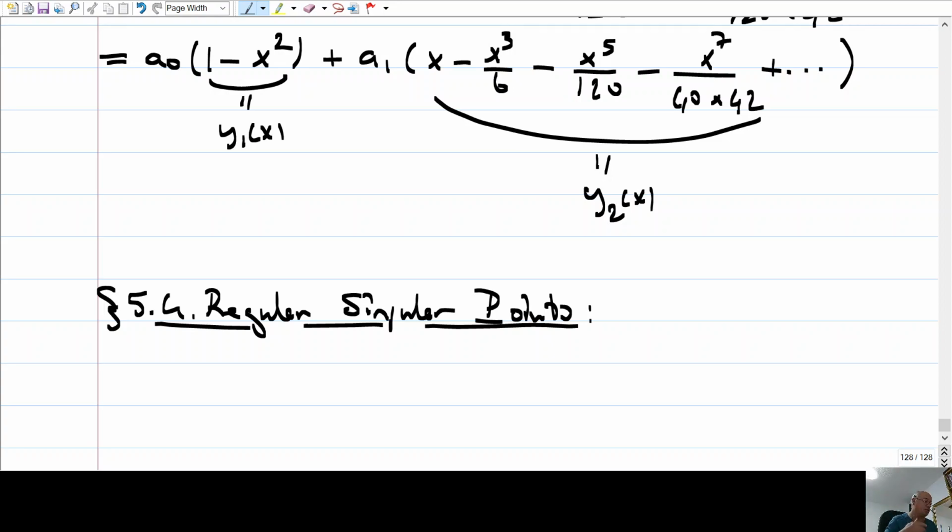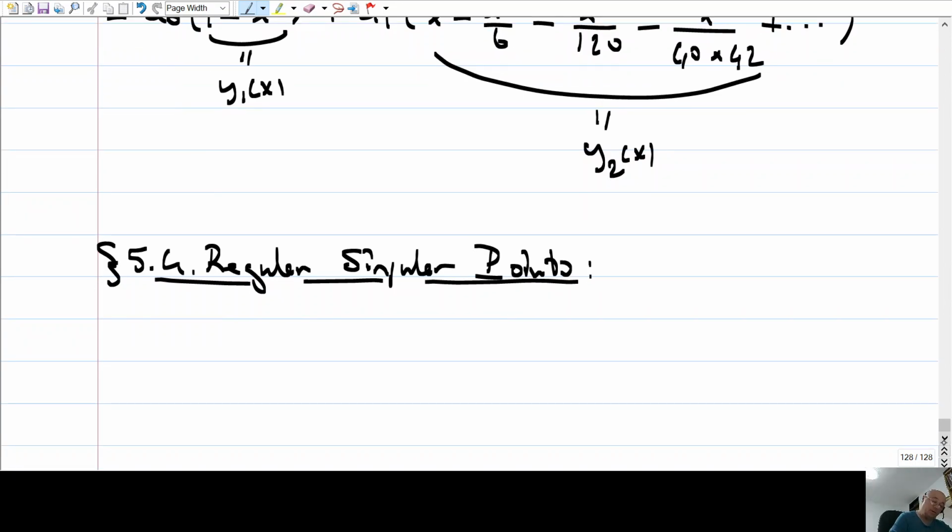So in practice, in engineering, in science, singular points occur, and one has to understand them. Okay, well, consider again this differential equation.